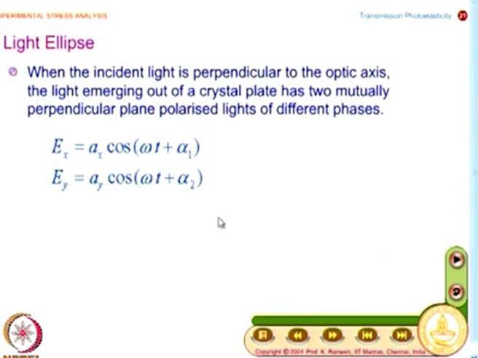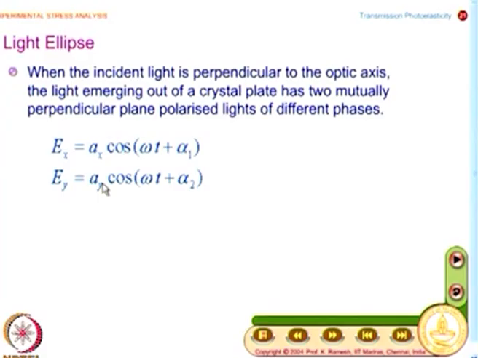So, I have two beams of light, one is given in the x direction, you call it E x equal to A x cos(omega t plus alpha 1), and you call the other wave E y equal to A y cos(omega t plus alpha 2). This has one amplitude, this has another amplitude, amplitudes are not the same.